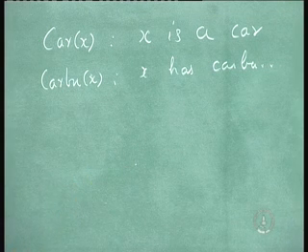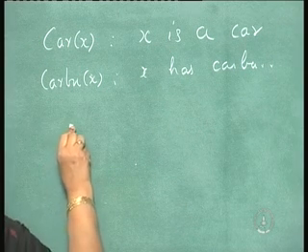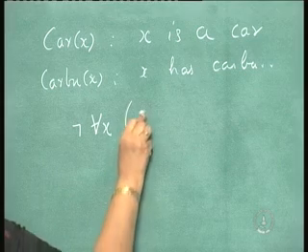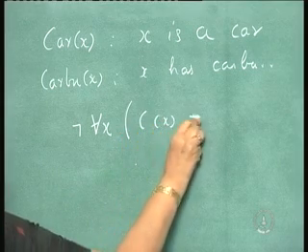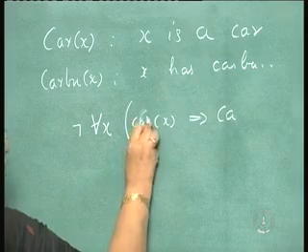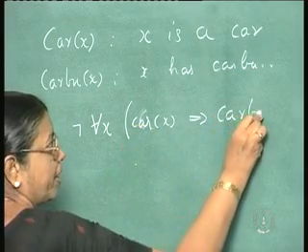Now, the statement is, not all cars have carburetors. Not for all of x, car of x implies carbu x.